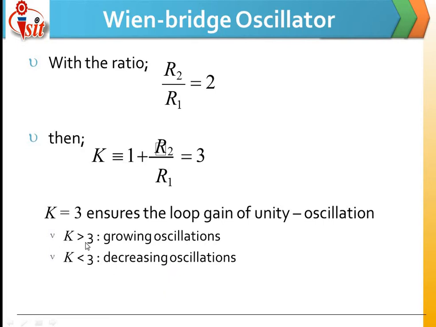That means whenever we increase the K factor above 3, the oscillations produced by the Wien bridge oscillator have a higher frequency, up to 1 megahertz, which is our band boundary limit. Whenever K is less than 3, the oscillations generated are decreasing oscillations, and give a minimum frequency, also less than 1 megahertz.